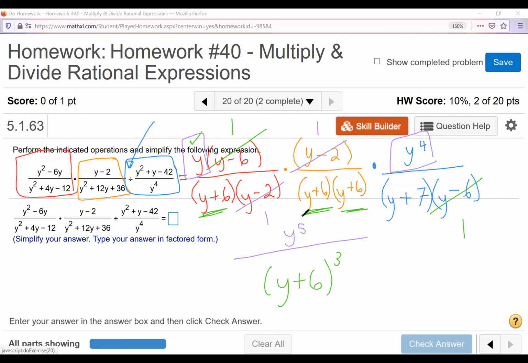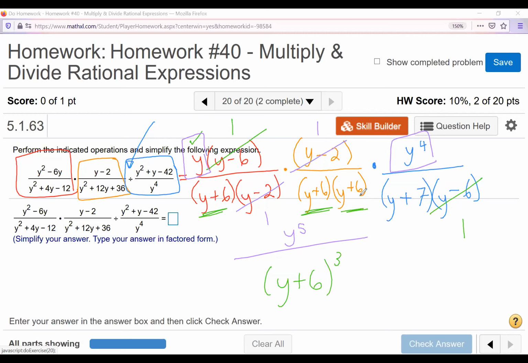Okay, now did I miss anything? Let's see. We have the y times y to the 4th. Everything else in the numerator got canceled out. So we have y to the 5th. That's going to be our numerator. Let's double check the denominator. Y plus 6, y plus 6, y plus 6.